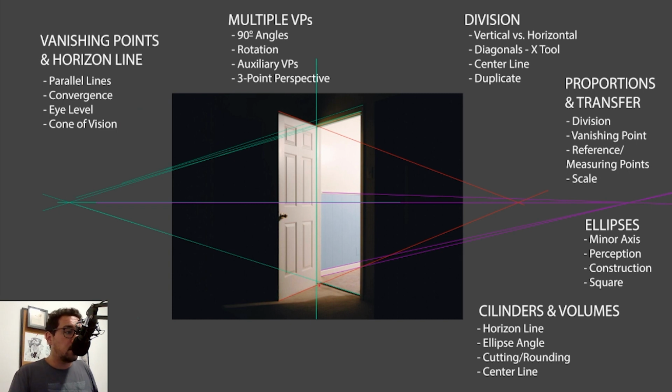If at least one of the points is out of the frame, the picture plane, then we're almost looking at a 50mm lens, if this is a camera, or if it's the human eye, it's going to be around 50mm. So we might have one point here on the canvas, on the picture plane, but probably the other one will be out of the picture plane.